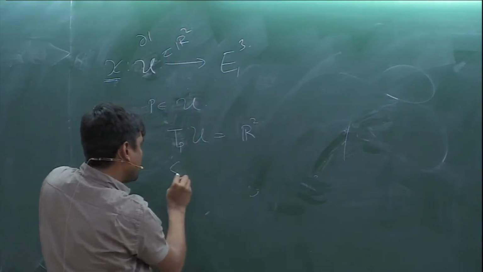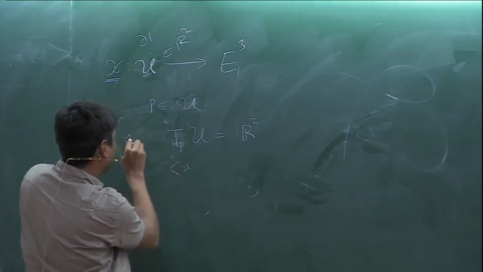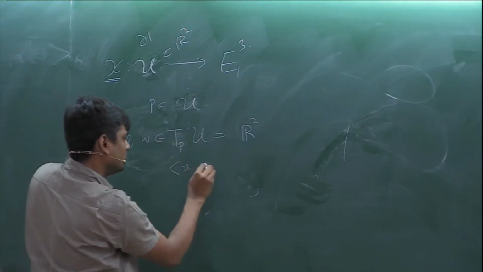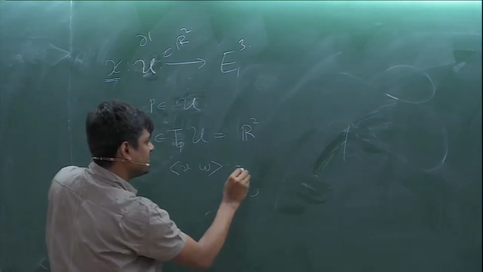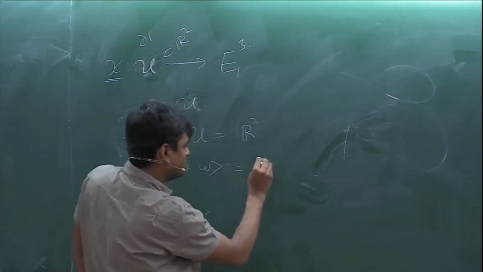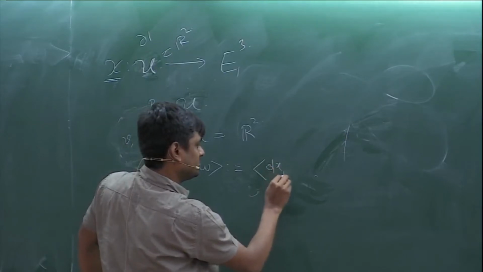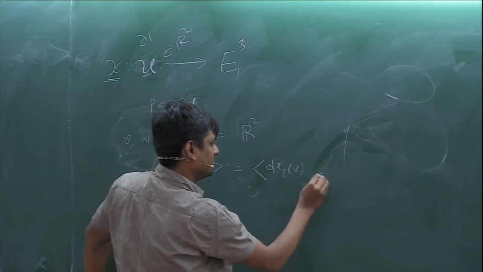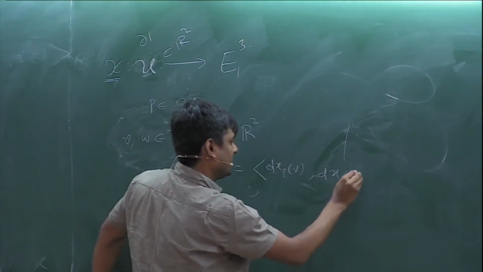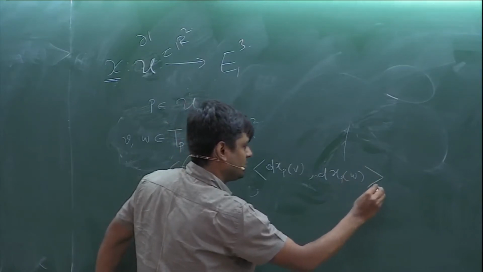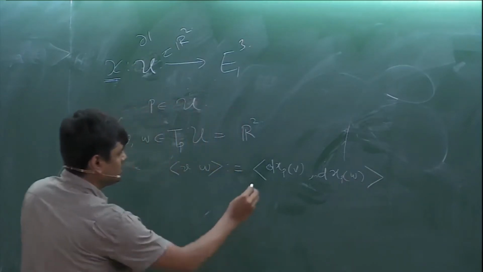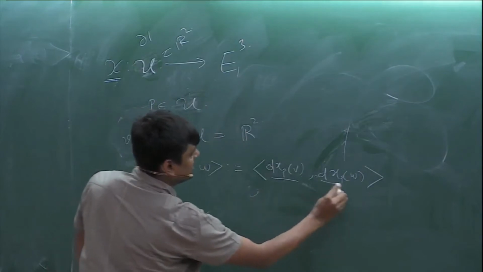So you take two elements V and W in TP of U, and you define this. Simple way I will write very soon. Because this is an E13, this is an E13.